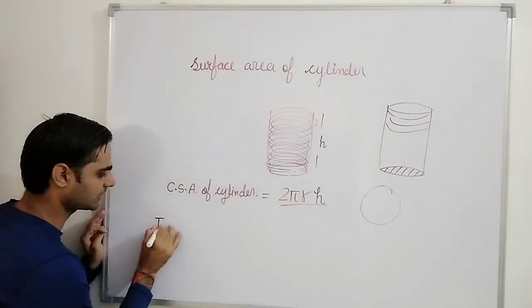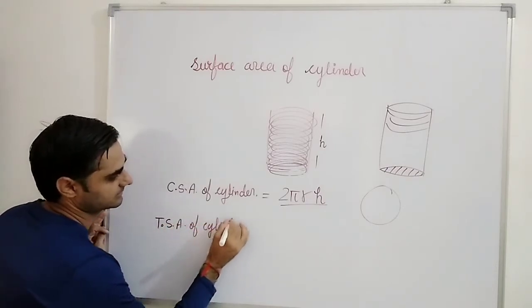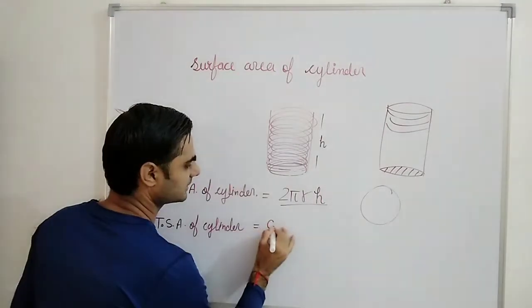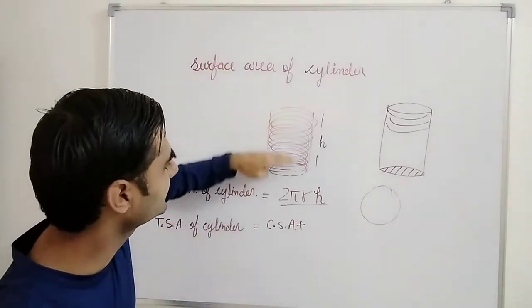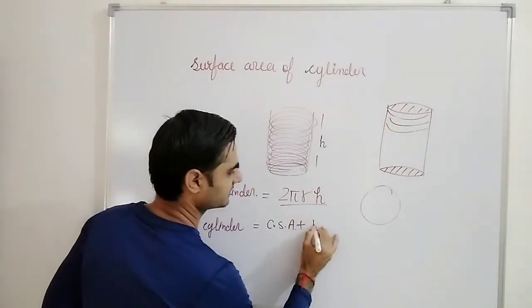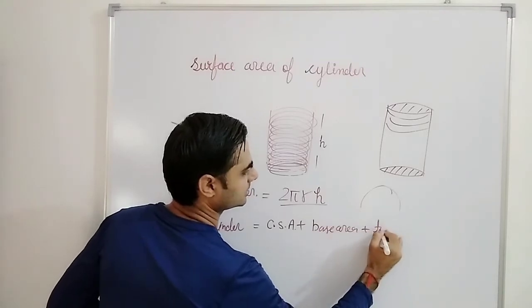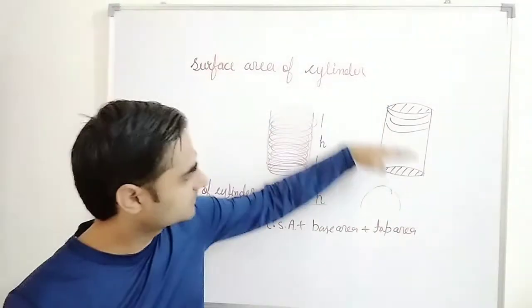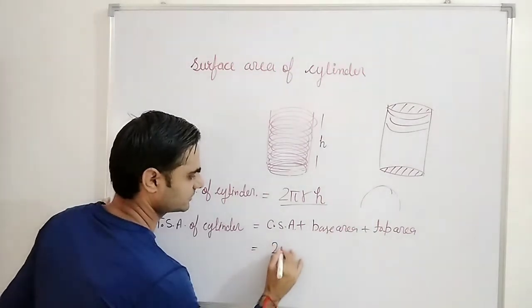Now we will talk about total surface area of cylinder. What is the total surface area of cylinder? Total surface area will be curved surface area plus base area and top area. These two circles are there. Top means the upper one, and the bottom is this one. Curved surface area, as we know, is 2 pi r h.